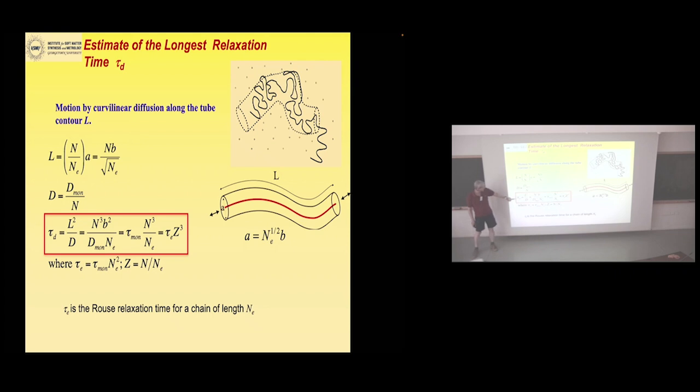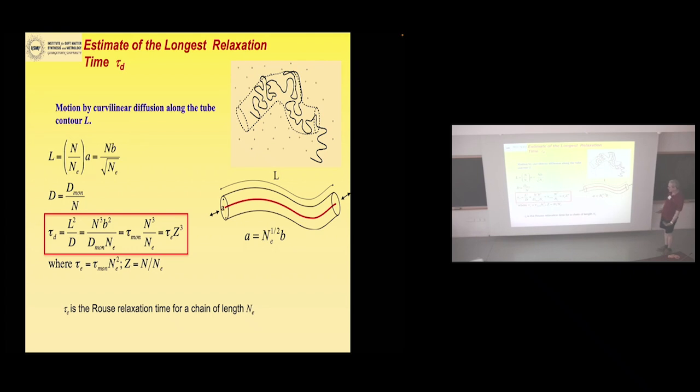My relaxation time is the time to diffuse along the tube, so the length squared of the tube divided by my diffusion constant. The length goes as n, so length squared goes as n squared. My diffusion constant goes as 1 over n, so that gives me n cubed. So the time scale to relax out of the tube scales as the third power of the number of entanglements.